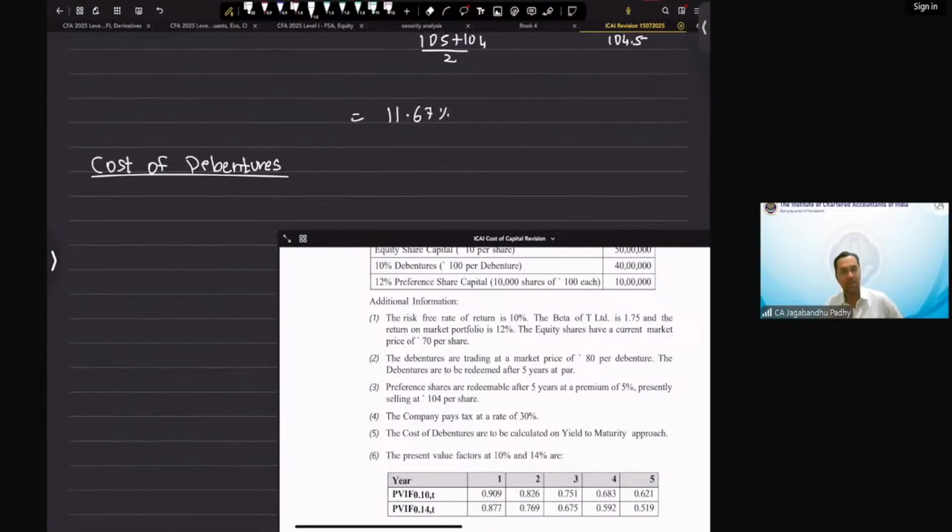Now, how do we calculate this using IRR approach? In IRR approach, we discount all the cash flows of the debentures at a particular rate and try to make it equal to the current market price. So current market price of the debentures, it's 80, right?